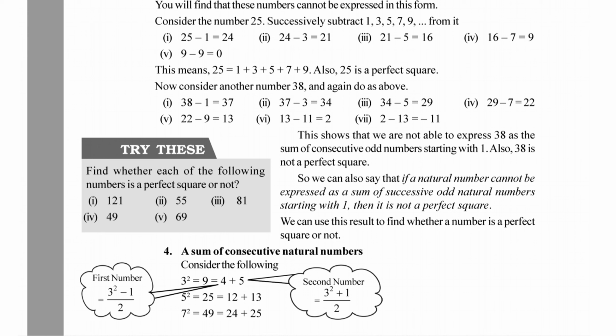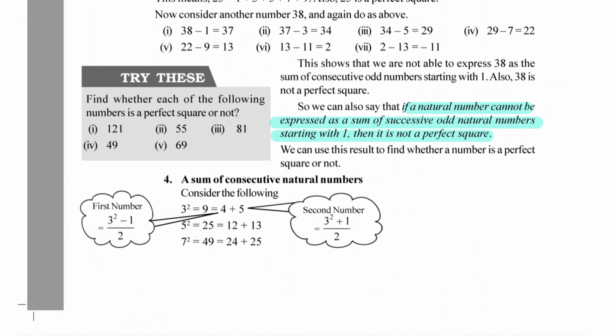Now what if we cannot express a number as the sum of odd natural numbers starting with 1? Then we can say that it is not a perfect square. So we can find out whether a number is a perfect square or not by checking whether we can write the given number as the sum of odd natural numbers starting with 1.